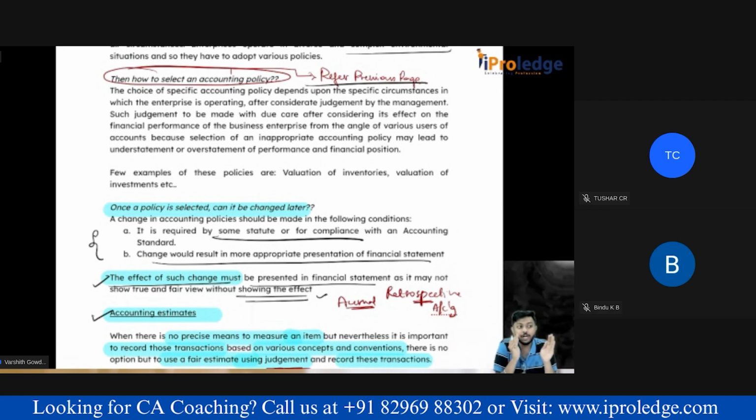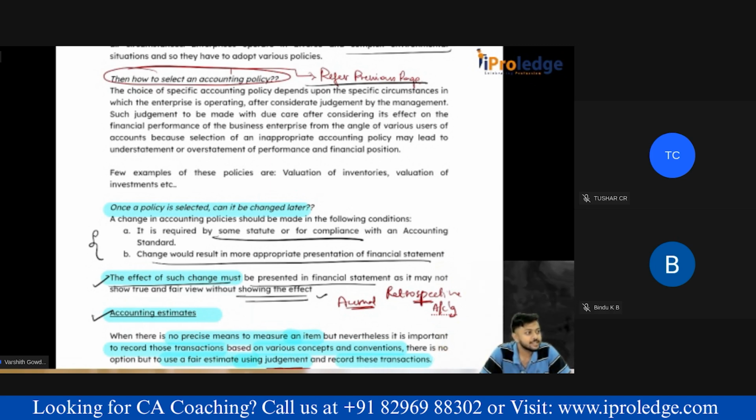That means depreciation should be more in the initial years and less in the later years? Or should it be the same every year? Or should it be more in the initial years and less in the later years?